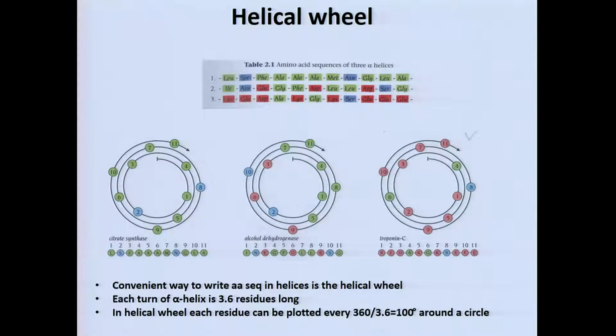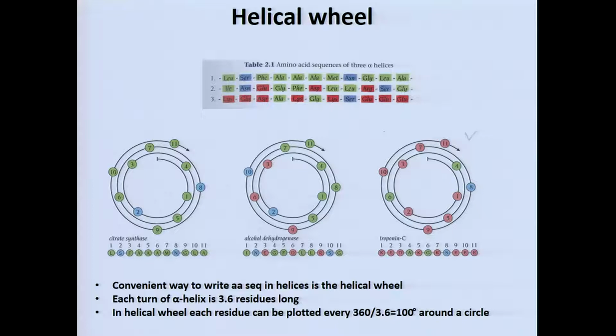And only these two are polar amino acids. So you can see this alpha helix is mostly a non-polar or hydrophobic alpha helix. And if you see example number 2, these are plotted with 100 degrees to each other.